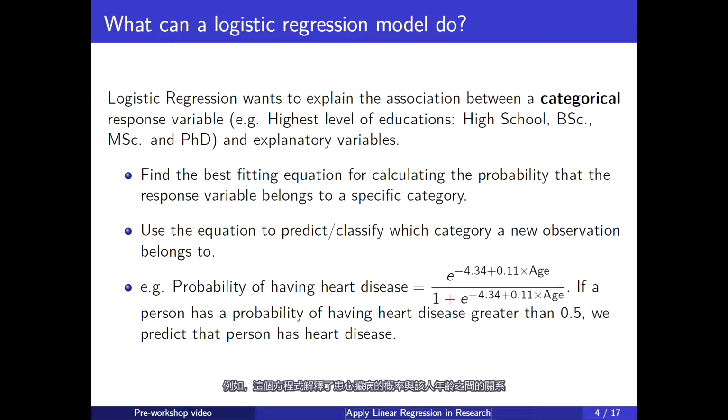For example, this equation explains the association between the probability of having heart disease and that person's age. If a person has a probability of having heart disease greater than 0.5, we predict that person has heart disease.